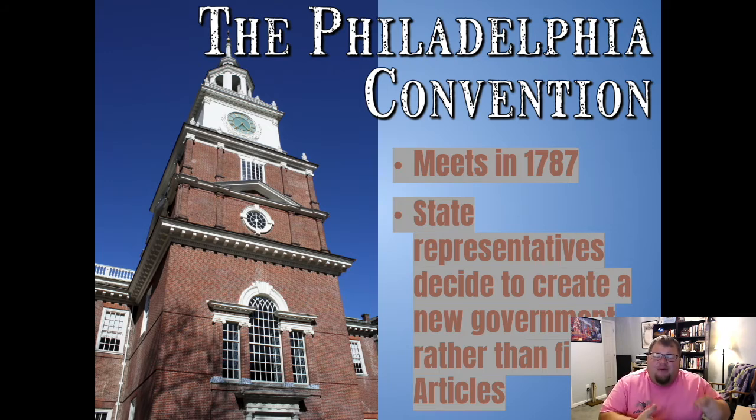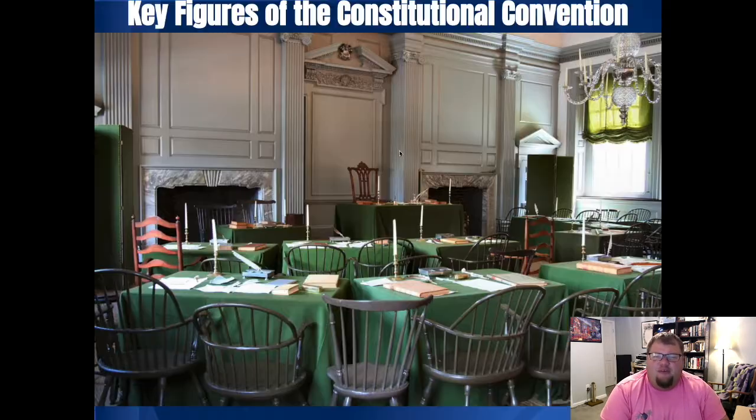And truth is, their intent of going at first was to just fix these issues that were wrong with the Articles of Confederation. How do we make them stronger? But as time went on, we saw that the Articles of Confederation maybe is not what our country needs, and so they decide that we are going to create a new form of government.